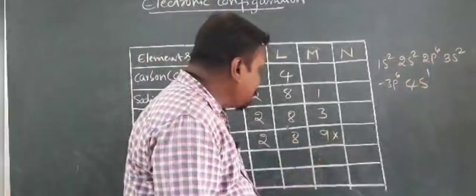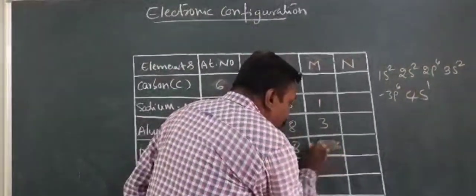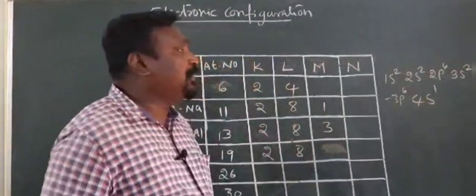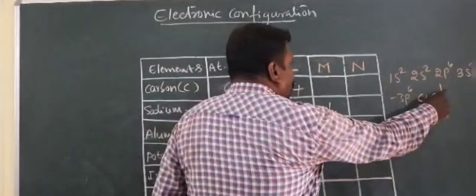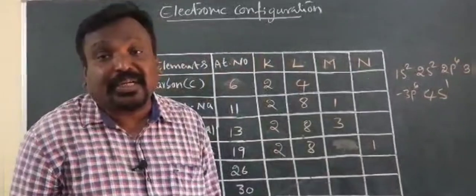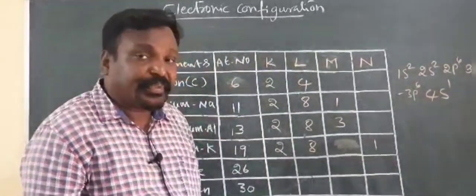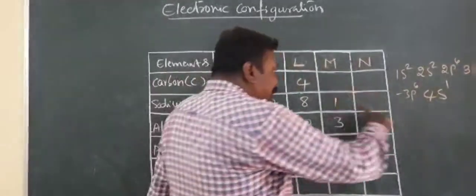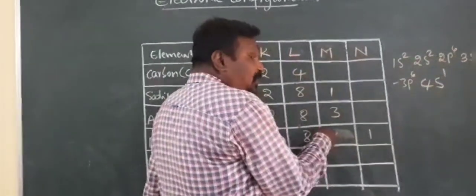So, here it is wrong then. What should it be? One electron should go to the N shell, that is the fourth shell. Then, what is the number of electrons in the third shell?